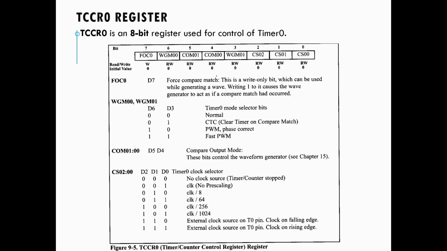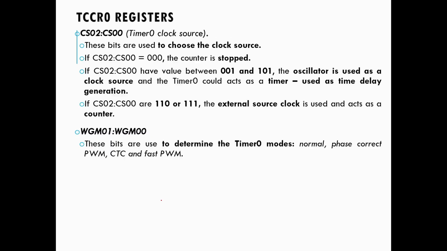Normal mode here, bits 3 and 6 are 00, and then the prescaler 64, right? So you have this inside your bits 0, 1, 2. Okay, 012 is 011. You need to make sure that you find the correct values for your TCCR according to the question.